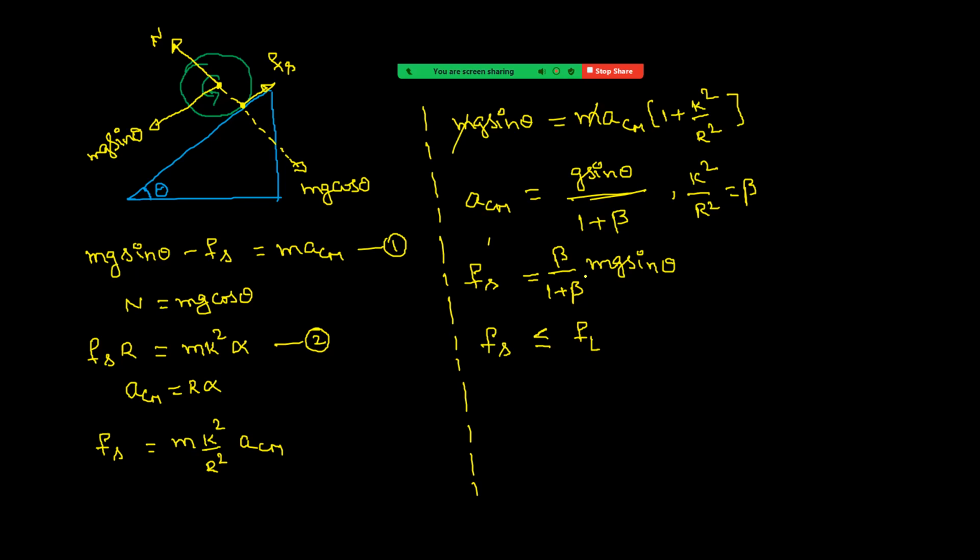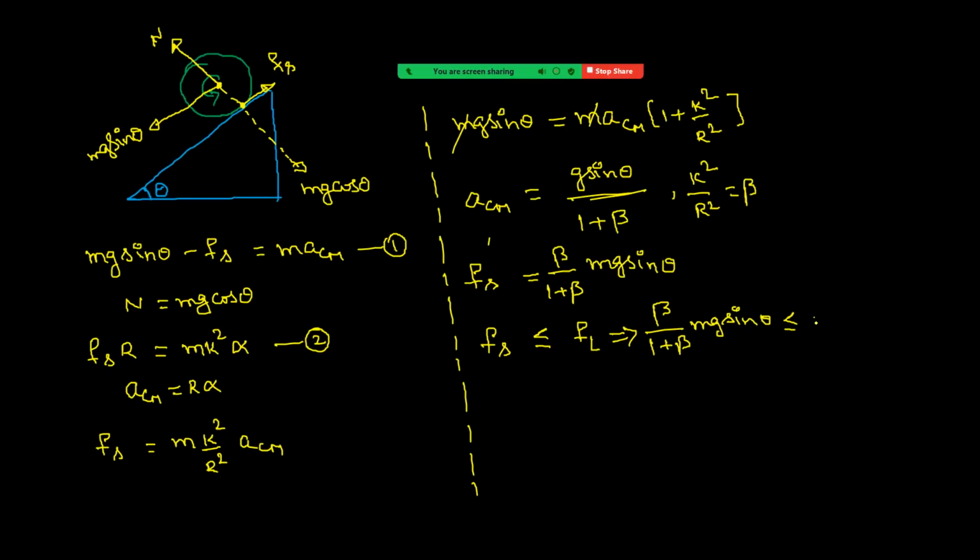Okay. Now substitute the value here. See what we get. Static friction, beta upon 1 plus beta mg sin theta, is now less than or equal to the limiting value.